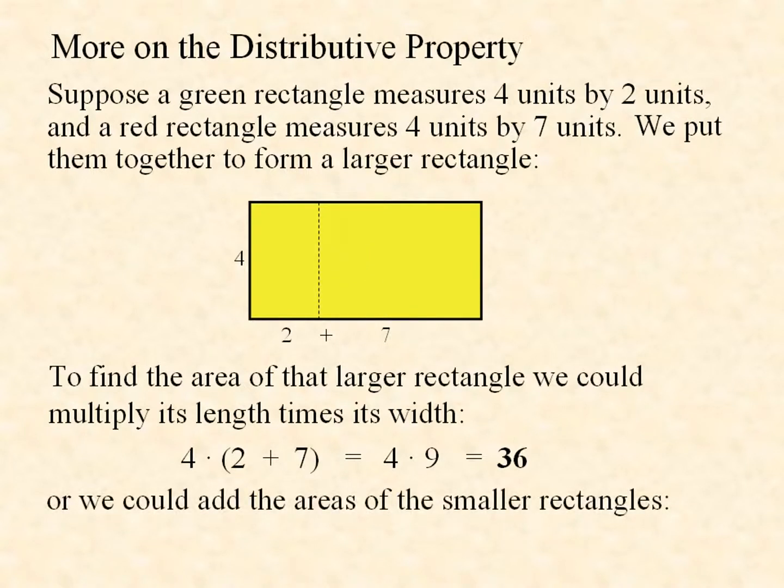Or we could add the areas of the smaller rectangles. That's 4 times 2 for the rectangle on the left, plus 4 times 7 for the rectangle on the right, and that's 8 plus 28, which again gives 36.